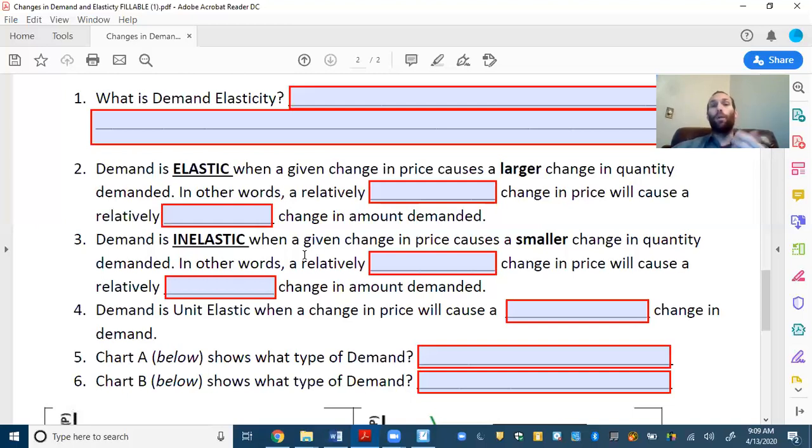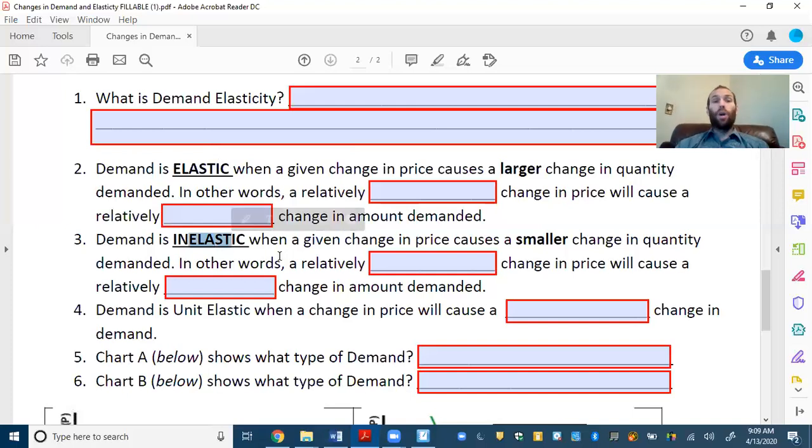Now you might buy a little bit more, you might drive a bit more, but not a whole lot more. So I can raise the price of gas a lot, but the quantity will only change a little bit. That's inelastic. See, the price changed a lot, but the quantity changed a little. So that's the difference between elastic and inelastic.